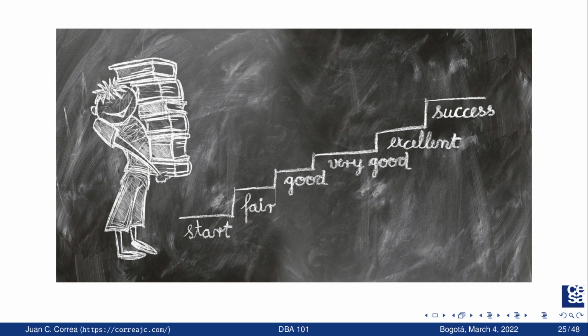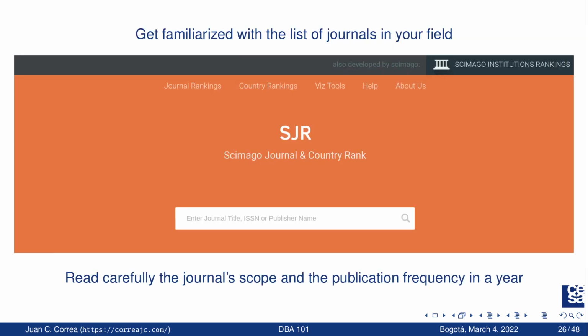Then you learn how to improve those results until you get a successful point. The first thing you need to understand is how to get familiarized with the list of journals in your field. And for that purpose, you have SCImago Journal and Country Rank. You can Google it to find the particular website, and read carefully the journal scope and the publication frequency in a year of each particular journal. I'm going to illustrate this for you in a moment.